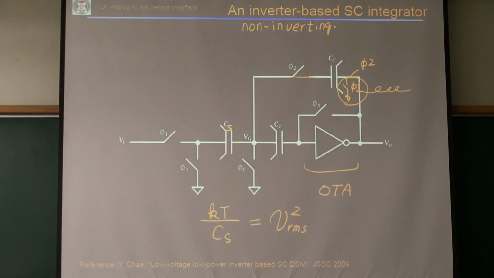You can see during the phi 1 phase, this charge will be developed there, right? So this voltage will be the logic threshold voltage. This is the same as the logic threshold voltage. This inverter will be grounded.